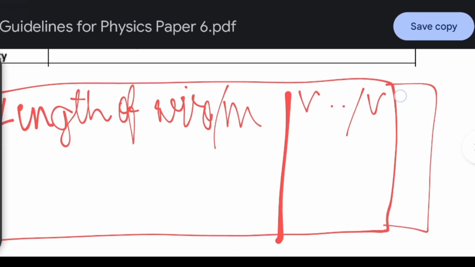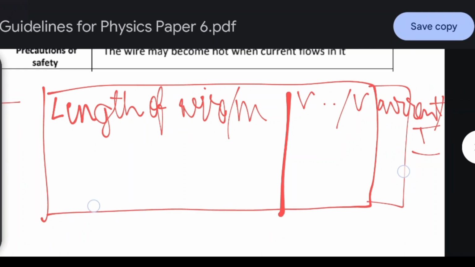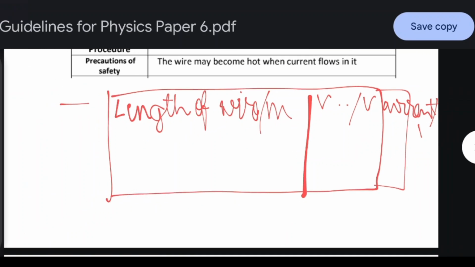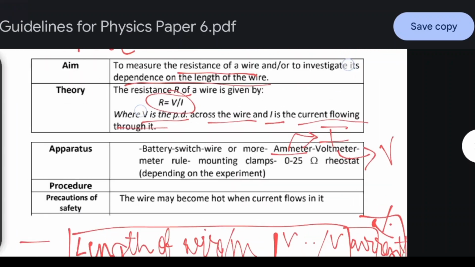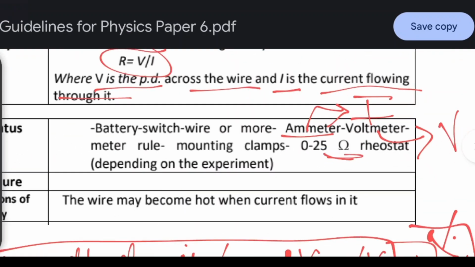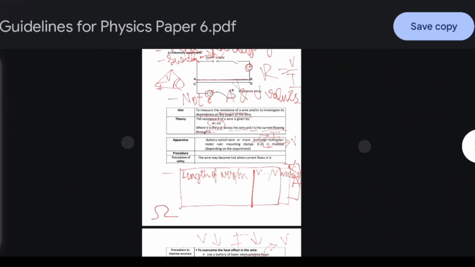And then current per amperes. And then under the rule, you will add the resistance per ohms. Ohms, this is the sign. Okay, so this is how you carry out the procedure.